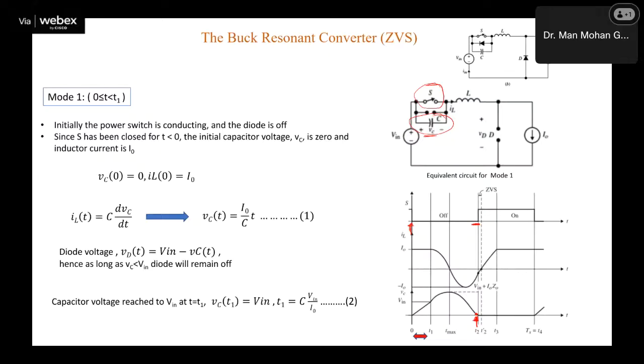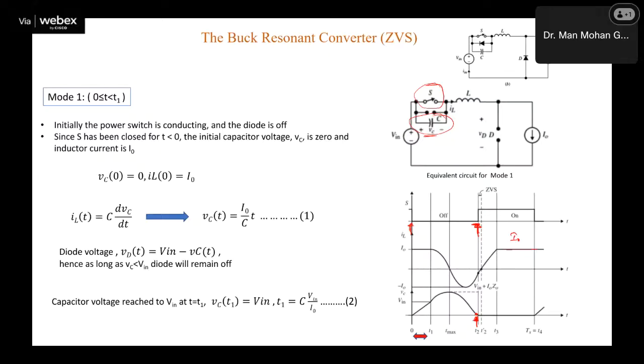Now at this point we can turn on the switch. Now the switch is turned on, and the remaining current, this current increases, and it becomes constant I naught.